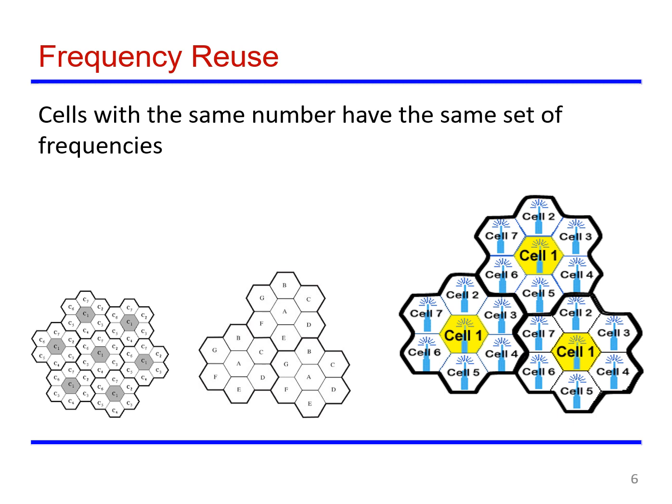N is the cluster size, and D is the distance between the cells which have the same frequencies, for example from cell 1 in this cluster to cell 1 in another cluster, and R is the radius of that particular cell. Depending on that Q, we decide how many cells we take into the cluster.